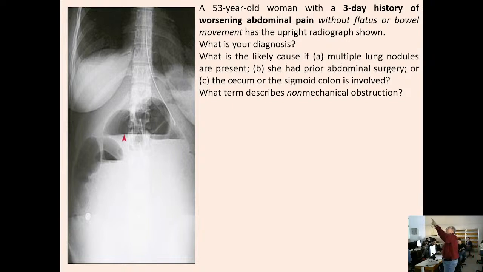If you have multiple lung nodules, what may have caused the obstruction in the bowel? What may have occluded the bowel lumen? If the patient has many lung nodules, what is the cause of obstruction in such a case?